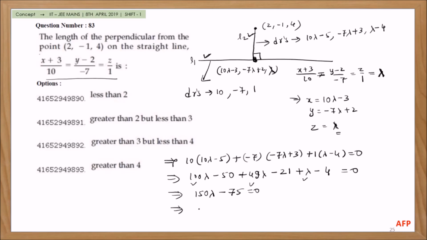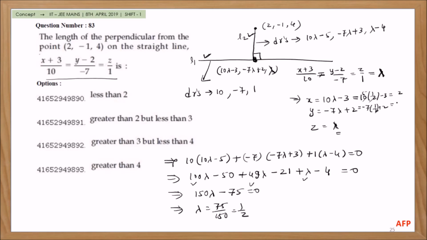So this implies lambda is equal to 75 divided by 150, which is nothing but 1 by 2. So if I substitute 1 by 2 here, what value are we going to get? 10 into 1 by 2 minus 3, its value is 2. Next, minus 7 into 1 by 2 plus 2, so 4 you are getting.